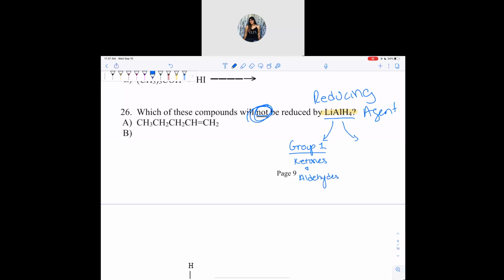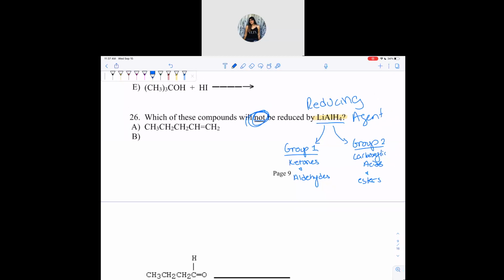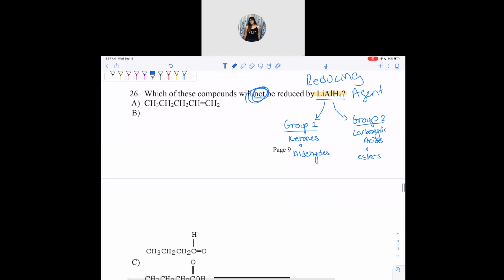It's also going to reduce group 2 because it is strong, and that consists of carboxylic acids and esters. So essentially, we're looking for the answer choice that is not a ketone, not an aldehyde, not a carboxylic acid, or not an ester, because we know those guys do get reduced.